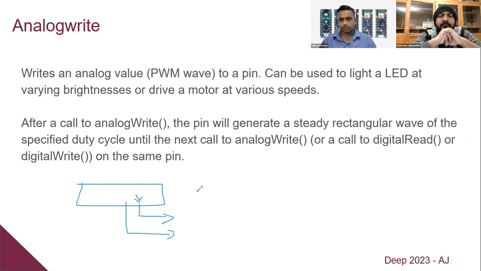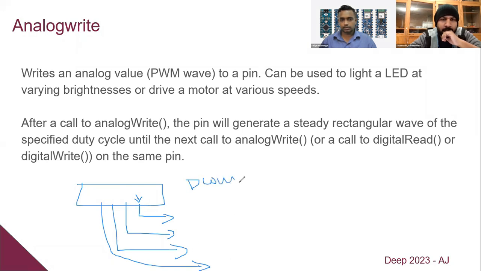By default they know how to do that. Only a few pins can do that. You can use those pins to write PWM signals, and those are the pins with the small tilde sign at the digital pin set.